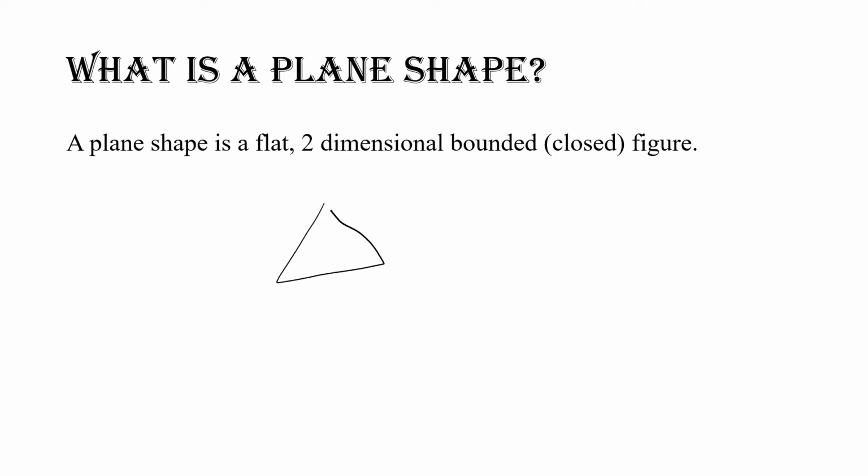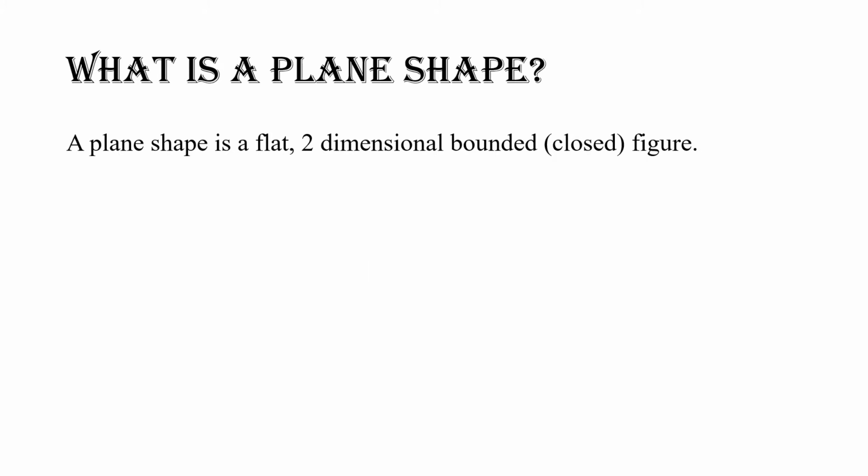It might look like a triangle, but ideally this would not fall under the category of a plane shape because it is not closed. It is not bounded. I might look like I'm going to draw a circle here, but guess what? There is a gap. As long as it is not closed, it is not a plane shape. It might be something else, but not a plane shape.